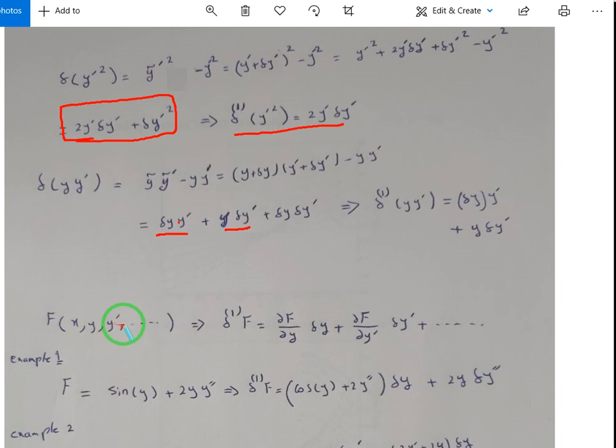If we have y double dash here, we have partial derivative of f with respect to y double dash multiplied by delta y double dash, and so on.